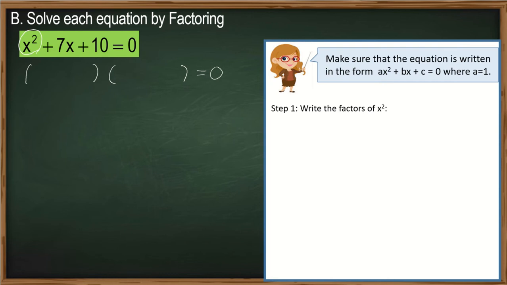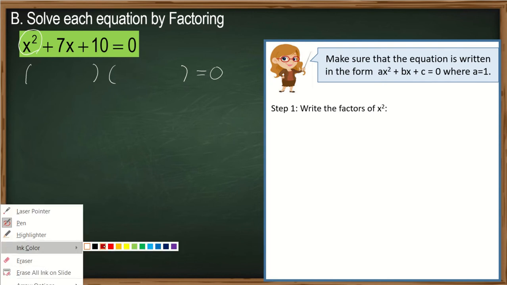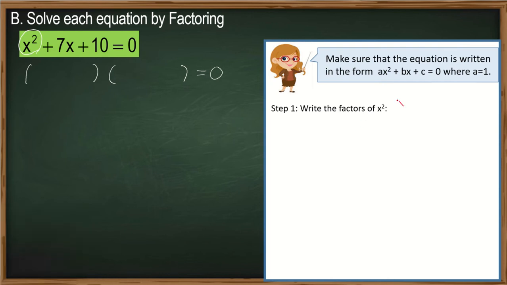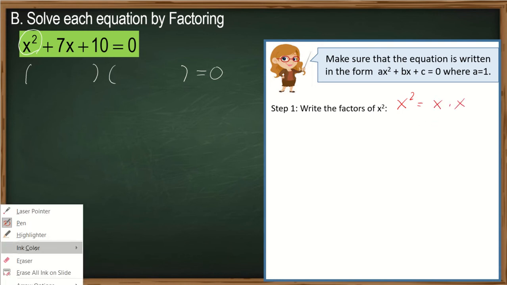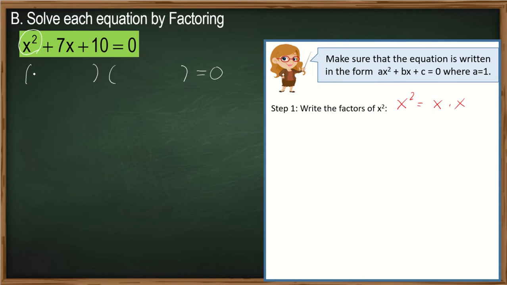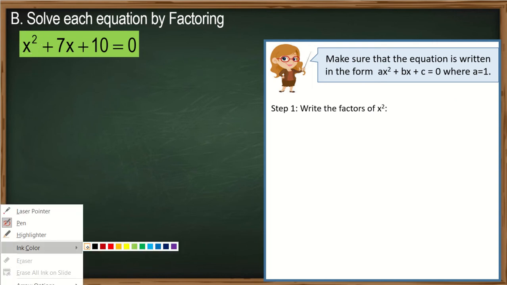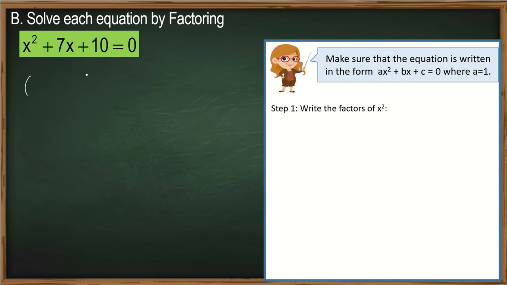Okay. So, ano ang factors ng x squared? Ang factors ng x squared ay x times x. So, pagkatapos ma-identify yan, isusulat natin siya dito sa parenthesis. X times x. And then after that, okay, we are going to look into the factors of positive 10.